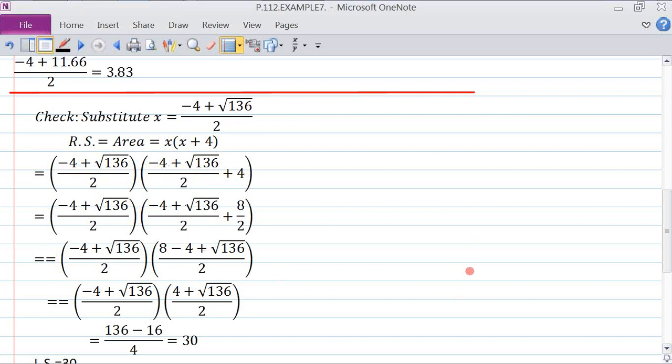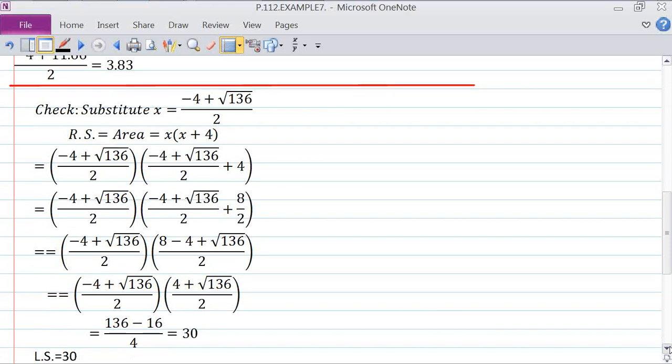Okay, so now what we're going to do, instead of 4, I'm going to write 8 over 2 so that I have a common denominator here. Now I have a common denominator here. I'm going to bring the 8 over here. I get 8 minus 4, which is going to give me 4 plus root 136 over 2. So this whole thing, this second bracket, becomes this.